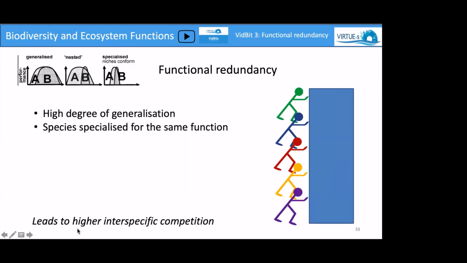So that is one of the drawbacks of functional redundancy. If there are more species using the same resource, there will be higher interspecific competition. But if they are performing the same function, it will be to the advantage of the ecosystem, because more will be performing the same function.